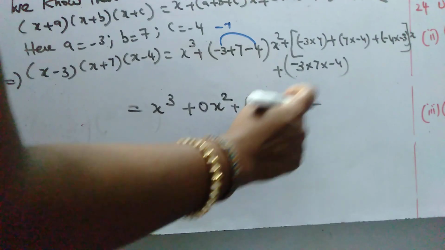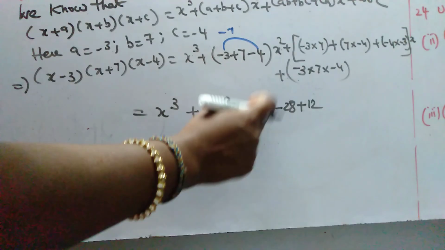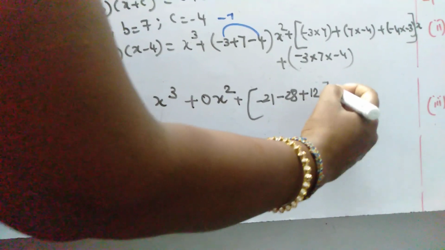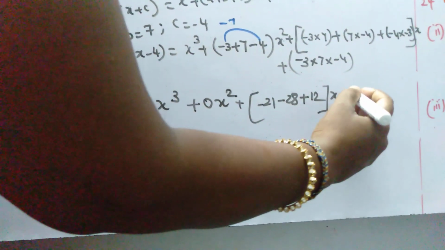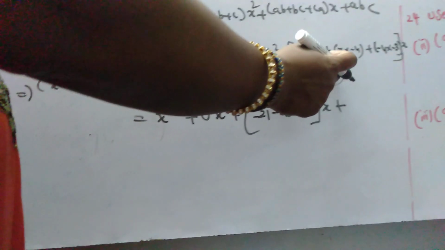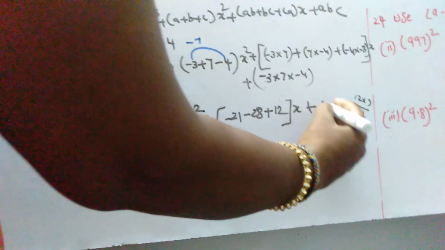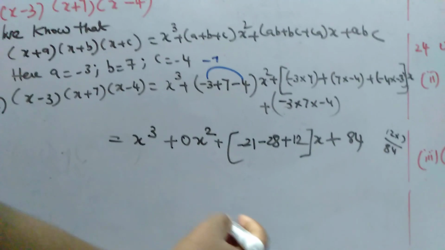Here plus into minus, minus, 7 4s are 28. Minus into plus, minus, 3 7s are 21. The whole bracket into x, then use plus symbol inside. Minus into minus is plus. So 4 3s are 12, 12 into 7 is what? 84. Which is plus 84.